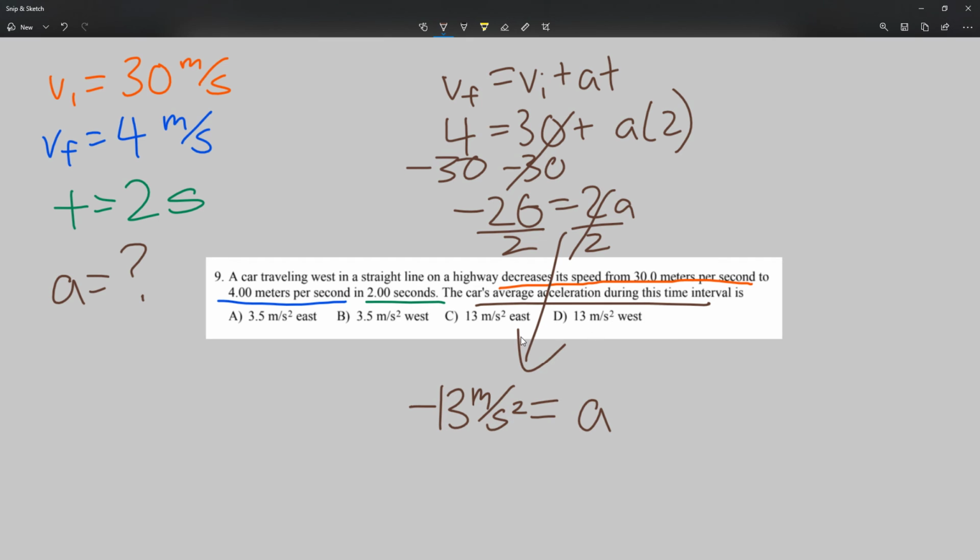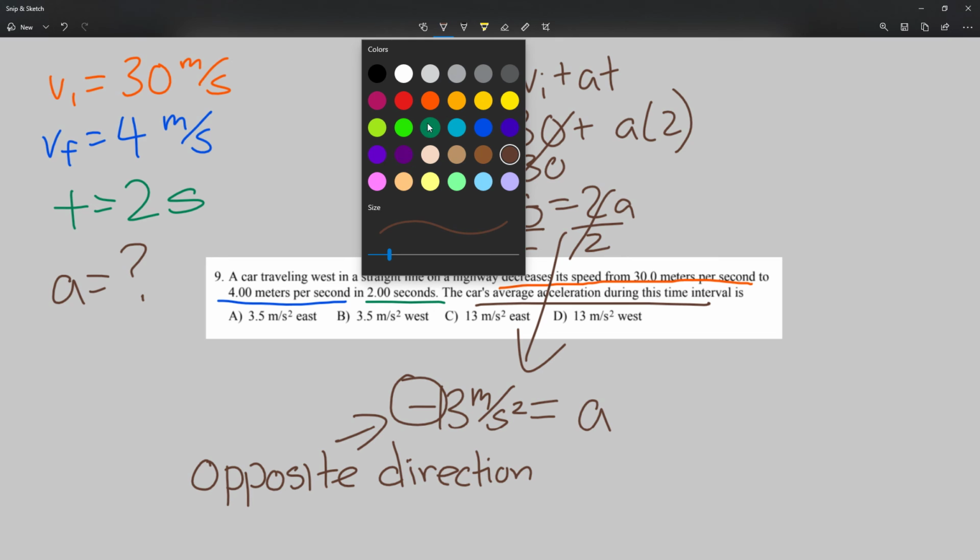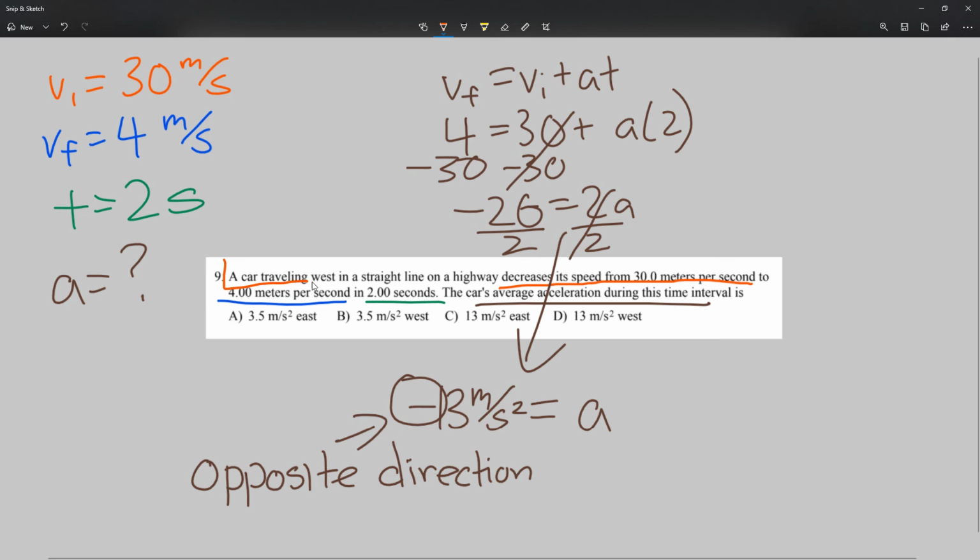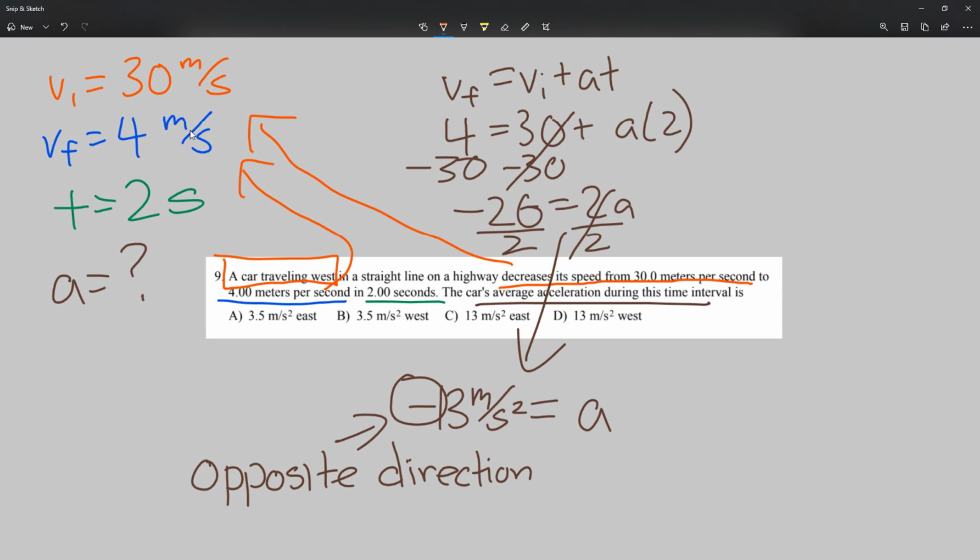Now we need a direction. Like I've said time and time again, your negative direction means the opposite direction of your positive. Since we're treating our positive direction as west here, because the car's traveling west, when I wrote my velocities, I wrote them as positive.